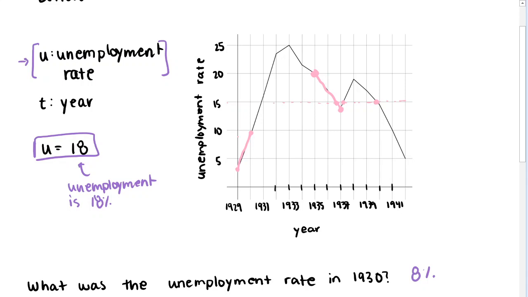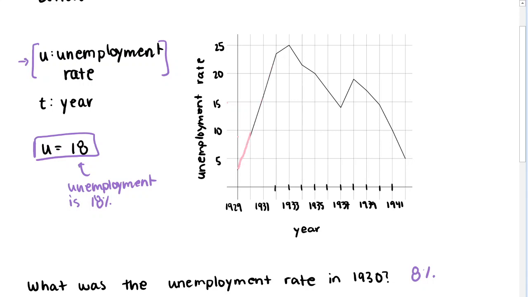So if we're trying to find the year in which the unemployment rate increased the most, we're looking for when the graph went up the most between two tick marks. Where are some candidates? I would say somewhere along these parts of the graph.